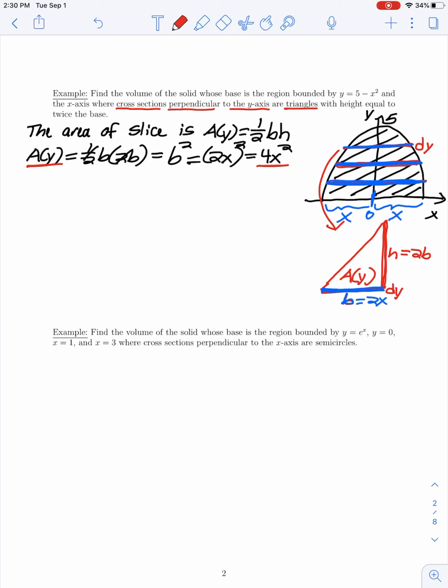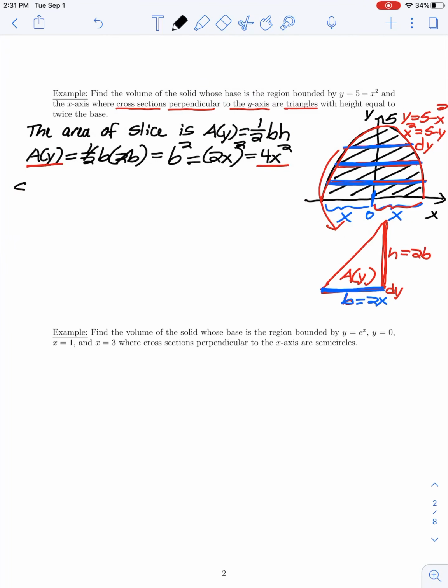So this distance, x, that I'm moving outward, is determined by this curve, this arc of my parabola. And this parabola that we were graphing was the parabola y equals 5 minus x squared. So if I solve that equation for x squared, I would have 5 minus y.